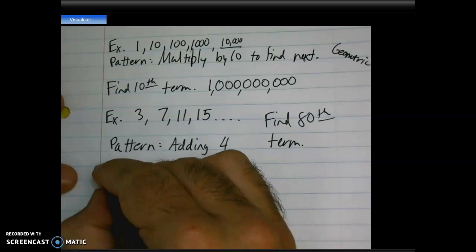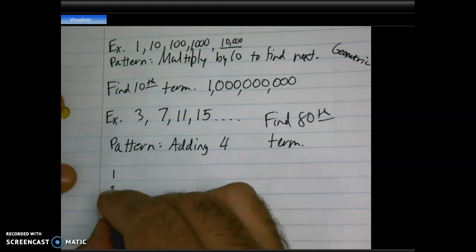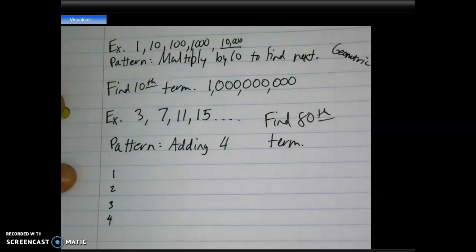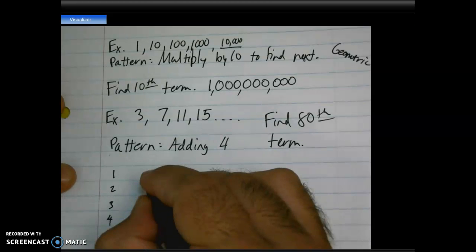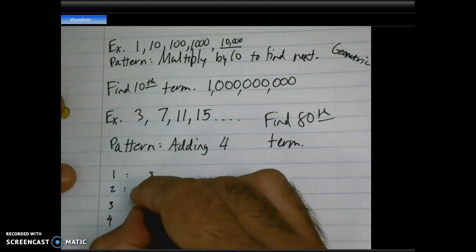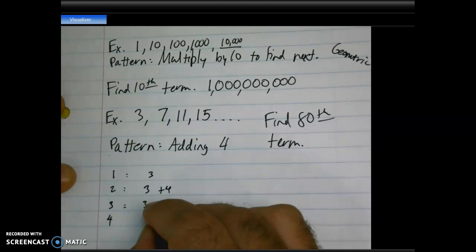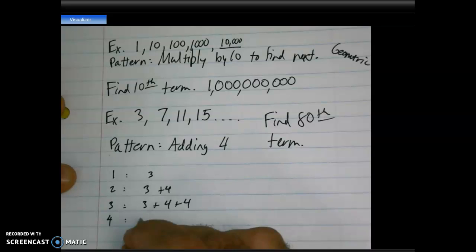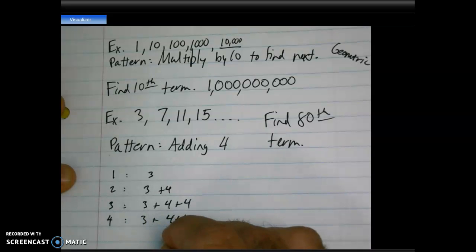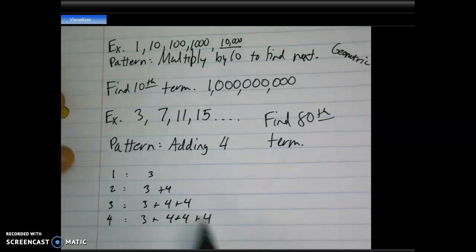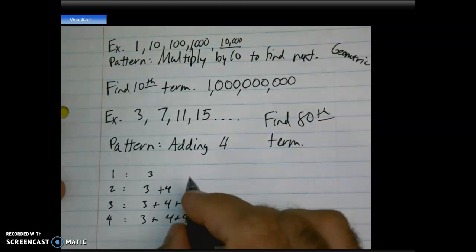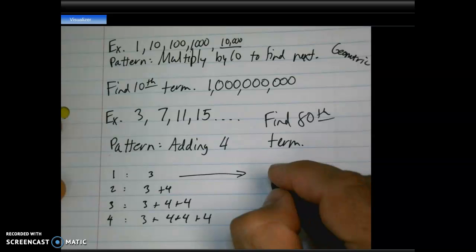I'm going to list the terms. The first term, second term, third, fourth. The first term is 3. The second term is 3 plus 4. The third term is 3 plus 4 plus 4. The fourth term is 3 plus 4 plus 4 plus 4. So you see each one of these is being added by 4. The first is just 3.